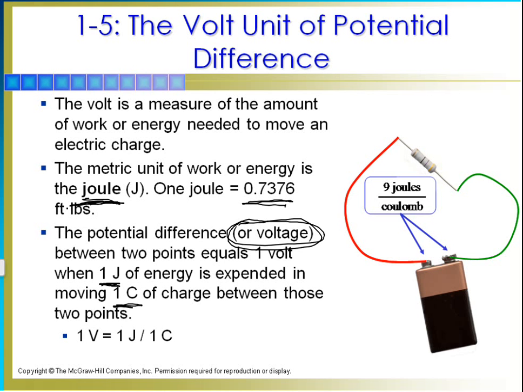And the formula for that is 1 volt is equal to 1 joule over 1C, or voltage is equal to work, small w, over charge.